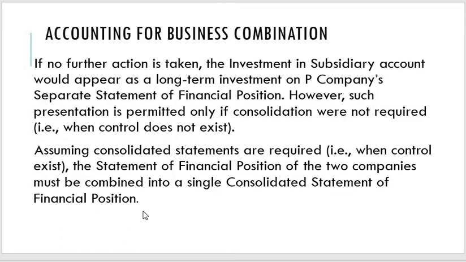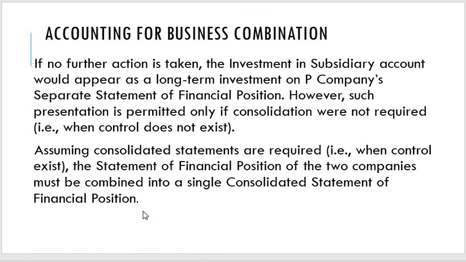So, if no further action is taken, the investment in subsidiary account would appear as a long-term investment on P Company's separate statement of financial position. However, such presentation is permitted only if consolidation is not required, or when control does not exist.